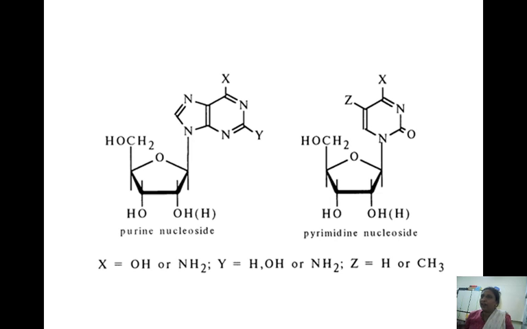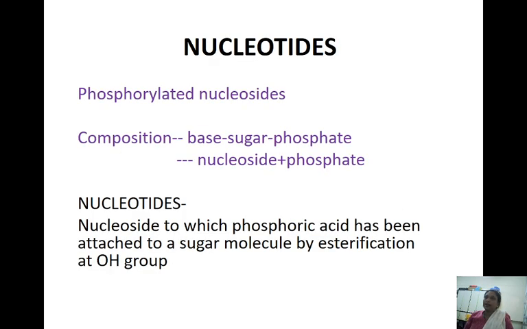Now here in the nucleoside formation, first the sugar is attached to the base by beta N glycosidic bond. In the formation of a nucleotide, the phosphates are attached to the OH groups present in the structure of the ribose sugars. Nucleotides are nothing but phosphorylated nucleosides. The composition of a nucleotide, as we know, is base, sugar and phosphate.